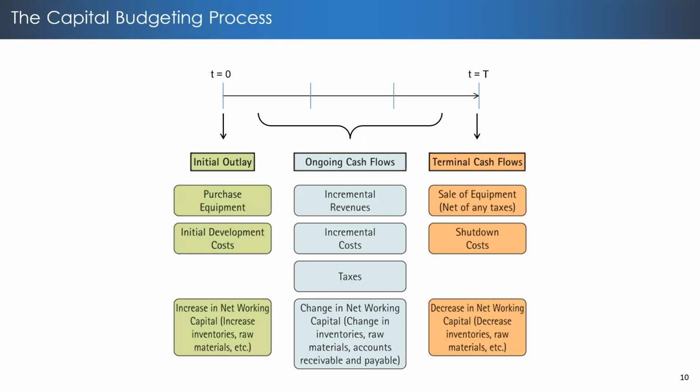We will encounter costs, but they are likely to be the same in different years, so the taxes will also be the same. And if we maintain a level of net working capital, meaning that we maintain an inventory of coffee beans or other raw materials, then there's likely not much change in our net working capital.